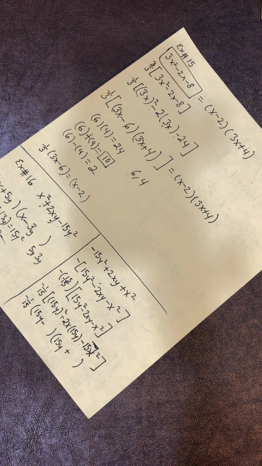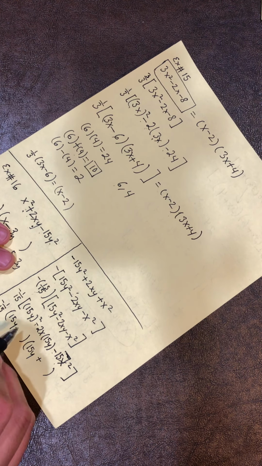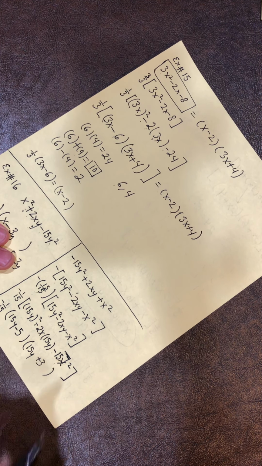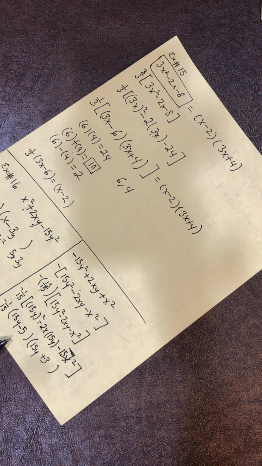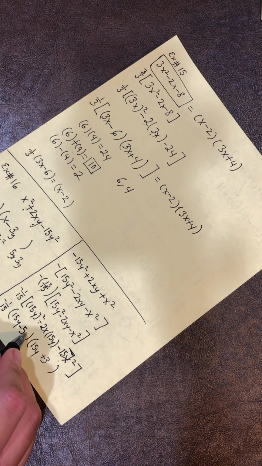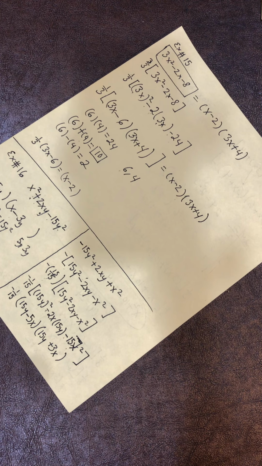It's 5 and 3, right? Same as here. The biggest one goes right here, and the other one goes there. And now you add the variable just to keep the consistency. That's it. I mean, it's not hard, right?